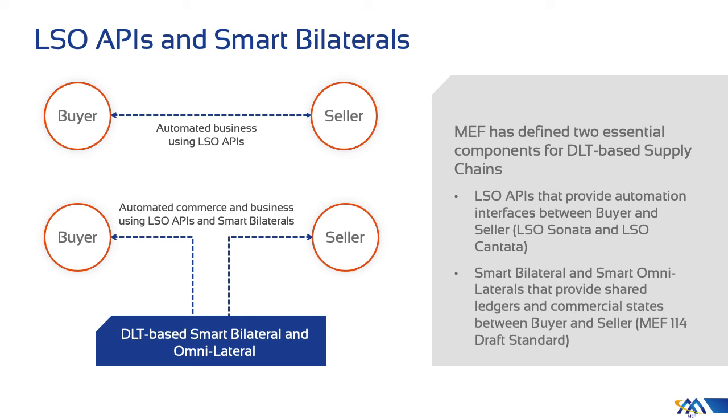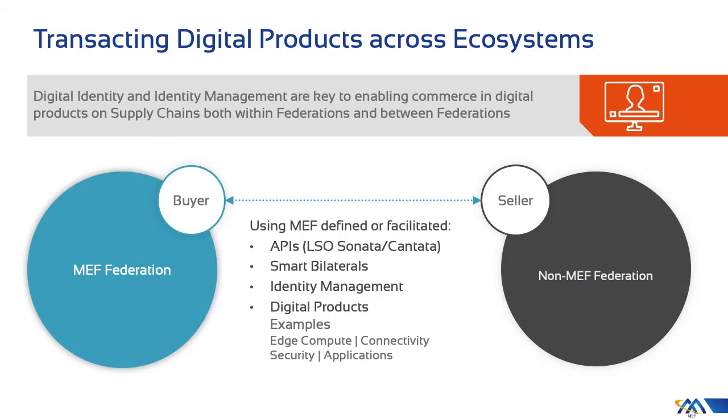And beyond that, we are now working in collaboration with MOBI on the ability to enable automation of buying and selling of digital products, not only within an ecosystem or within a federation, for example of telecoms, but also between different federations or ecosystems.